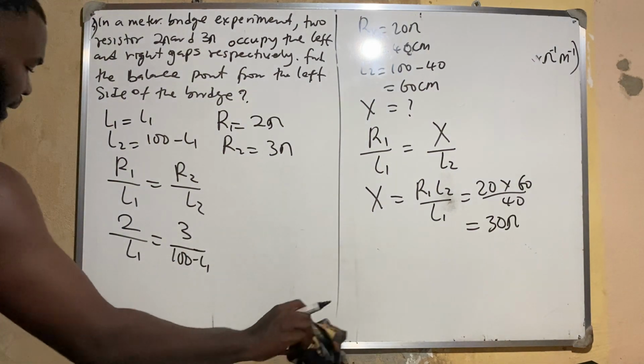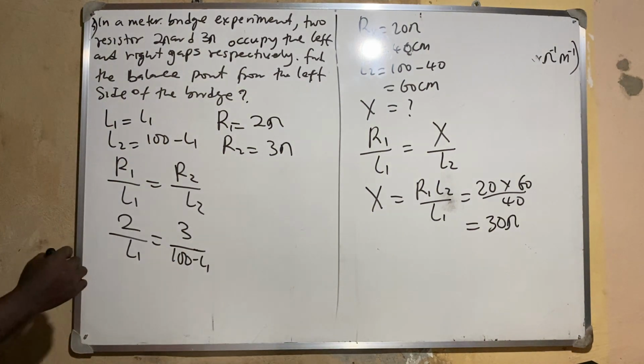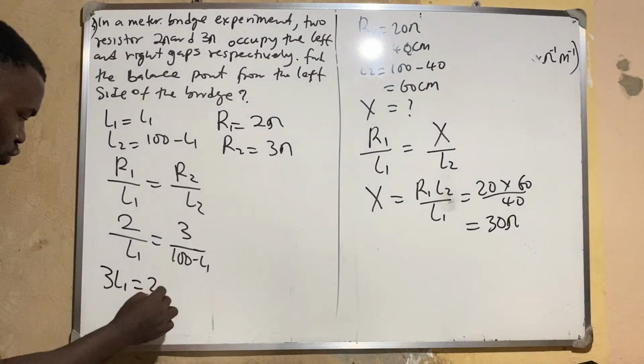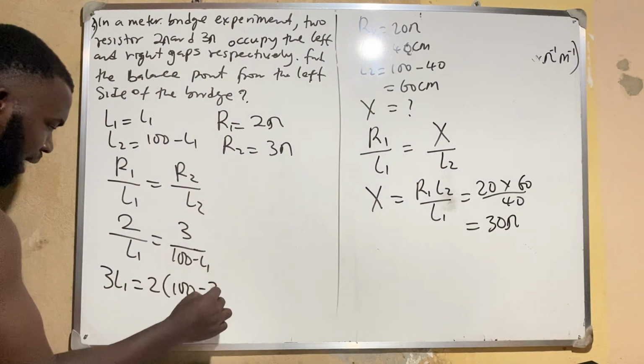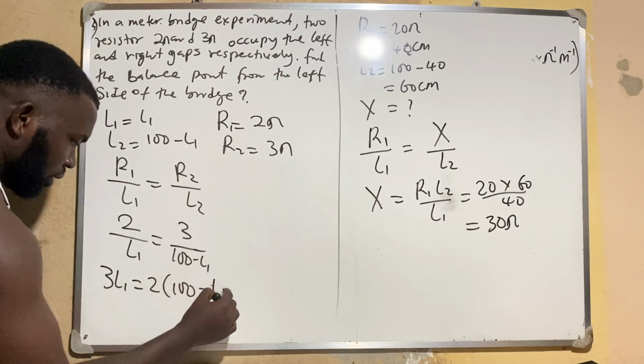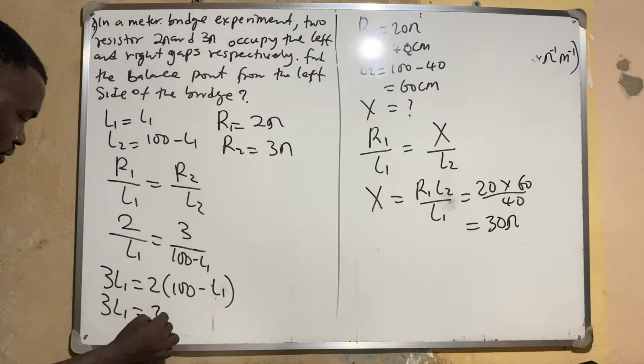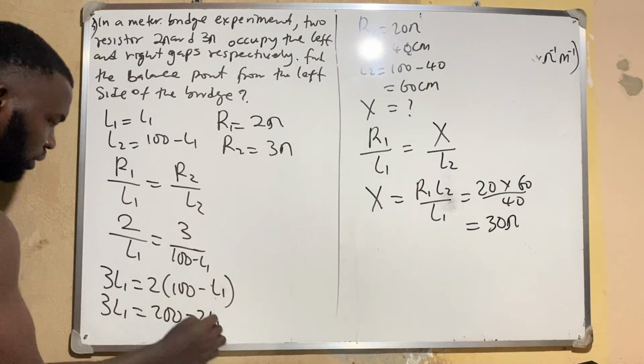So if I cross multiply, you have that 3L1 is equal to 2 in bracket of 100 minus L1. If you open bracket, you have that 3L1 is equal to 2 times this, 200 minus 2L1.